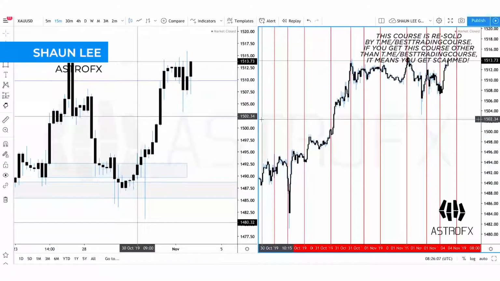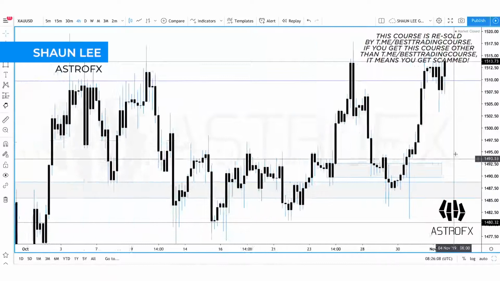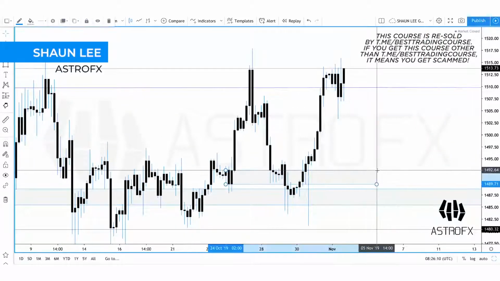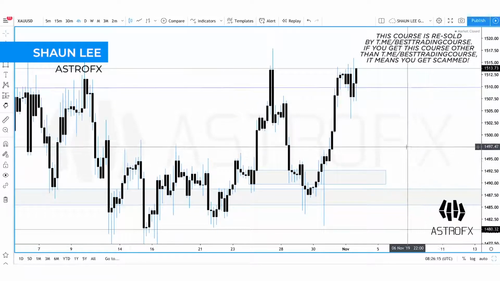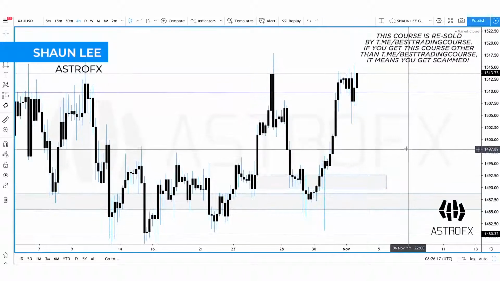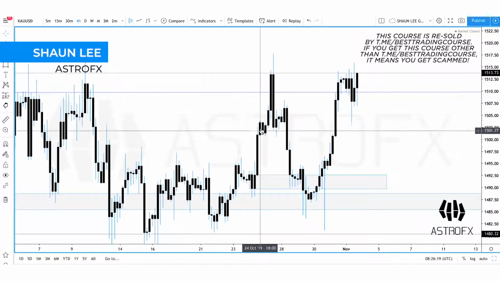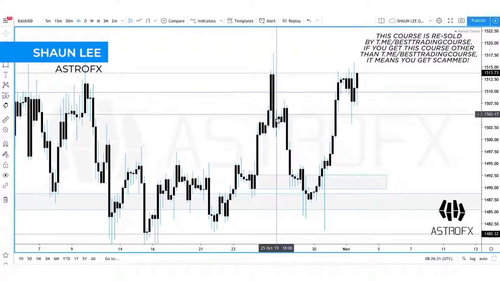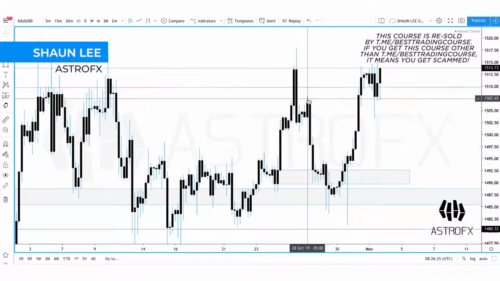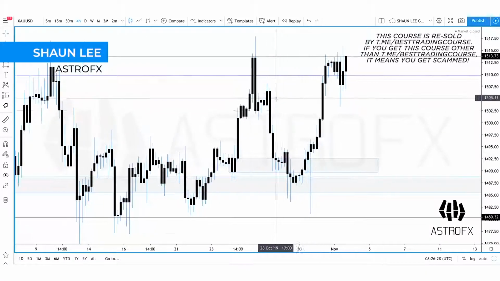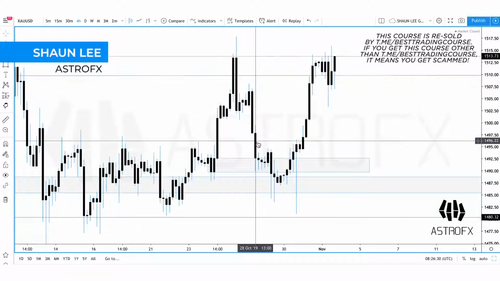If we go over to the higher time frame and look at the analysis over here. Firstly, the market, we had a little bit of a pump, then we closed back below 1504. We had this mini little right shoulder here on the 4 hourly, and then the price was driven all the way back into the lows.